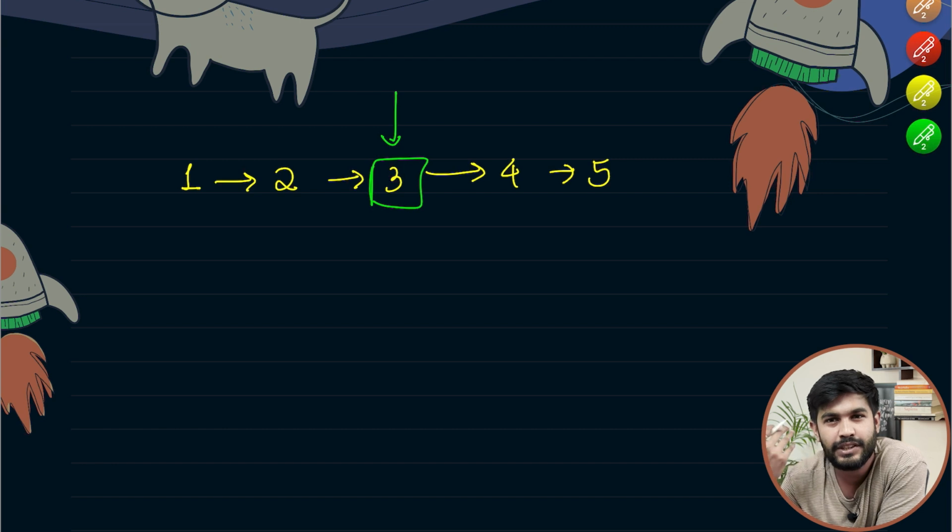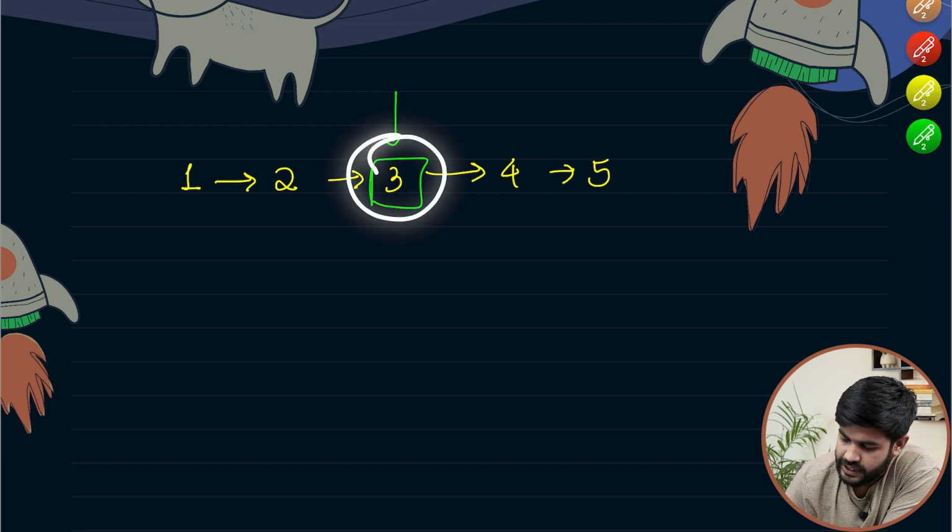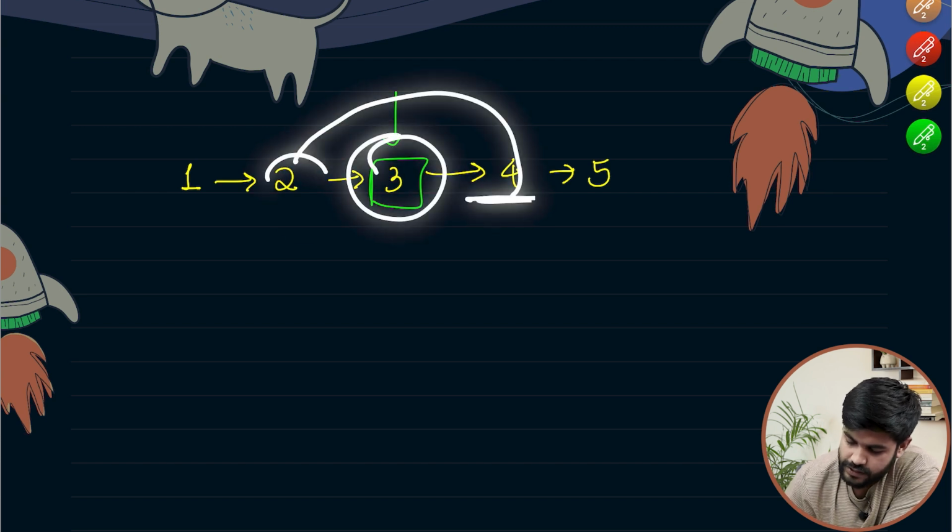So one way is that we start traversing the list. But try to think without traversing. Can we do it without traversing, and only then think of traversing? A general brute force approach would be to traverse and find the previous node and then link it with the node's next, and that's it.